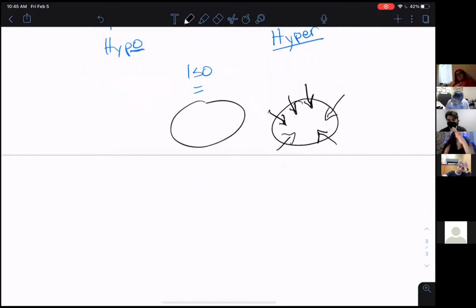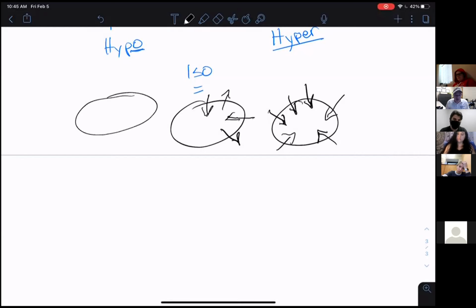In an isotonic solution, you'll have some arrows going in and other arrows going out. So it'll look something like this. That's isotonic. In a hypotonic solution, your water is going to want to move out.